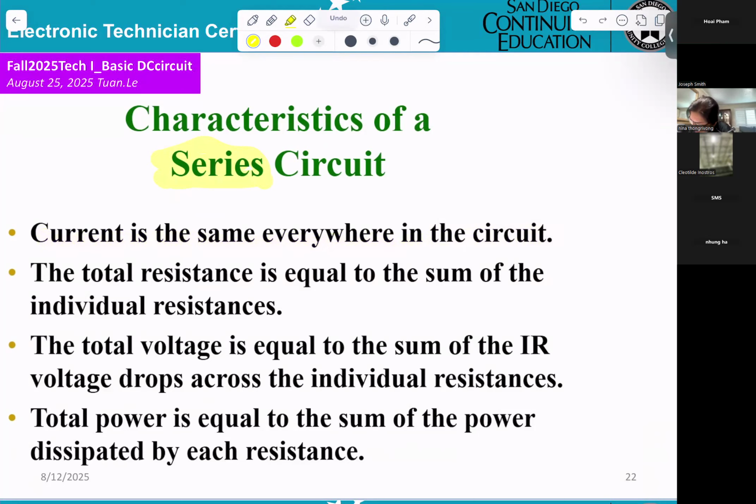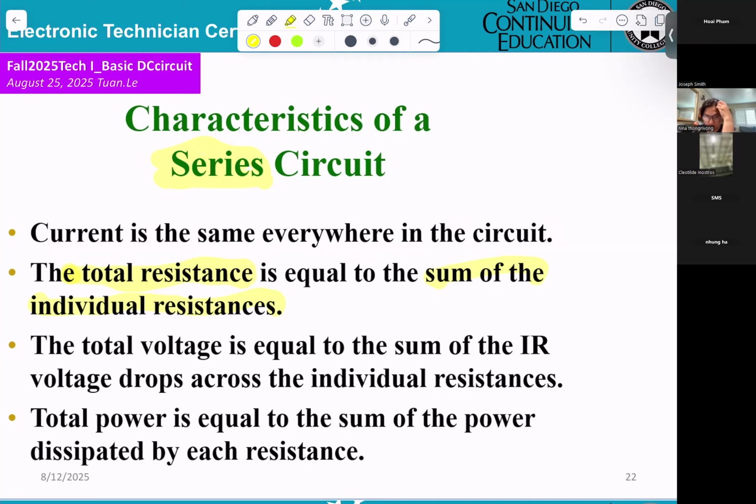That means in the circuitry you get only one current. Okay? Total resistance equals the sum of individual resistances. That means you add all of the resistors, you get a total.